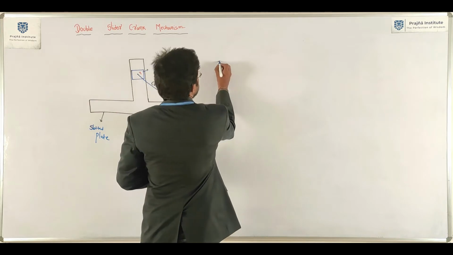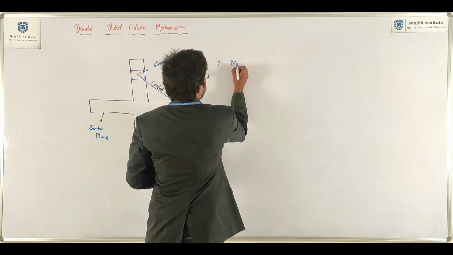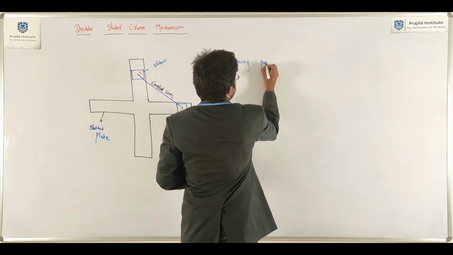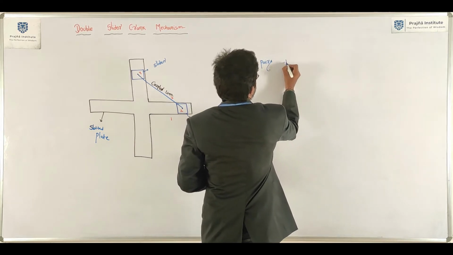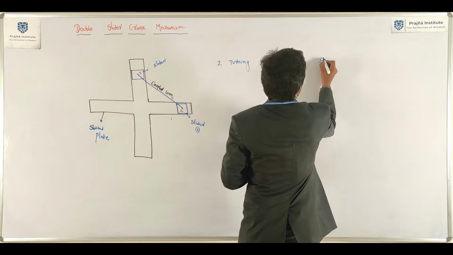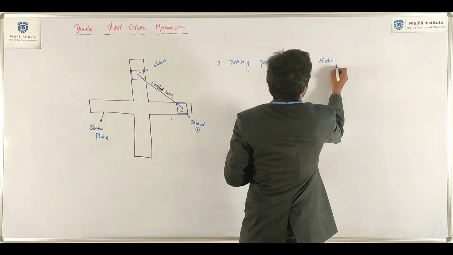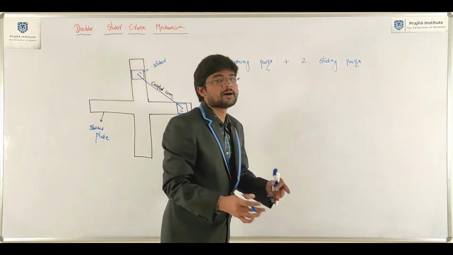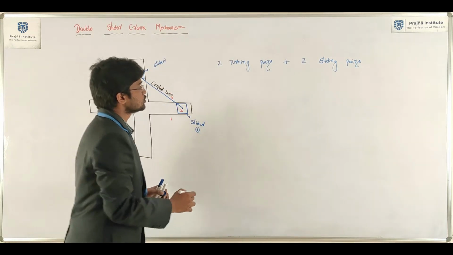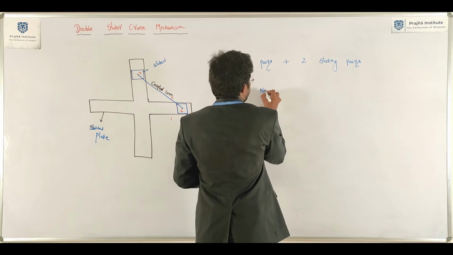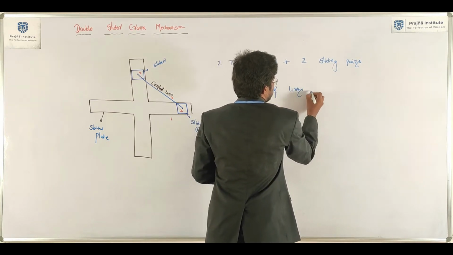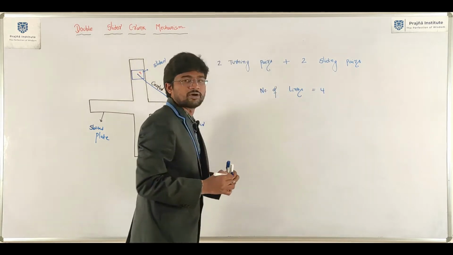2 turning pairs plus 2 sliding pairs are present in the mechanism. Total number of links equals 4.